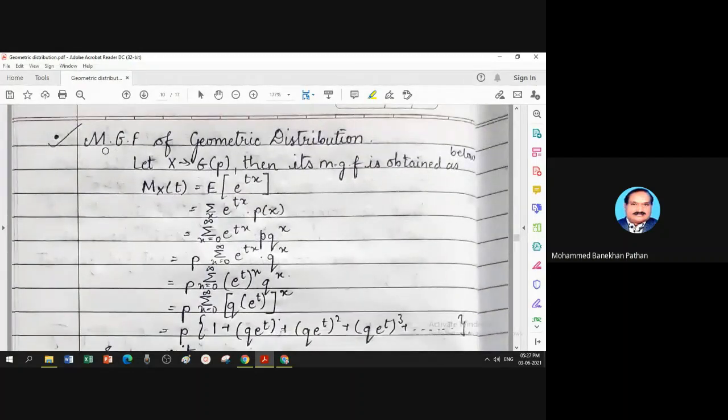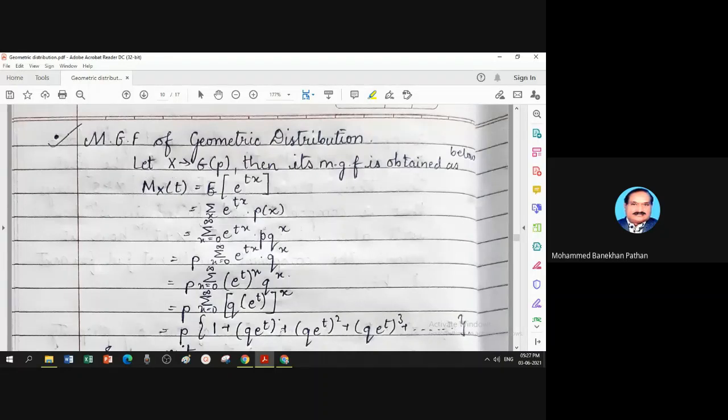Now we proceed to a new topic, MGF, the moment generating function of the geometric distribution. Let X follow geometric with parameter P, then its MGF is obtained as below. This is the symbol to indicate MGF.